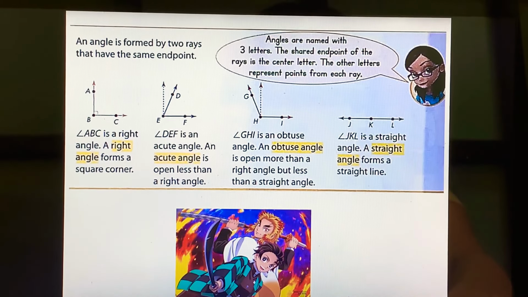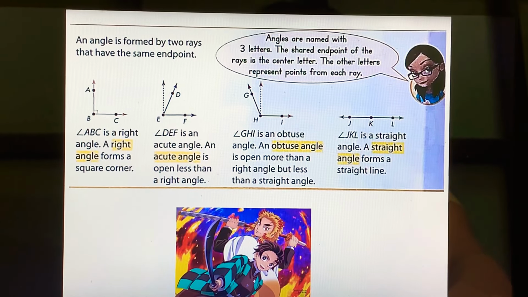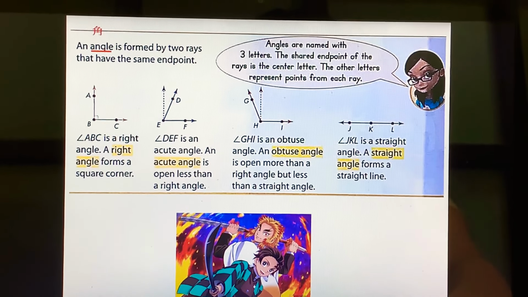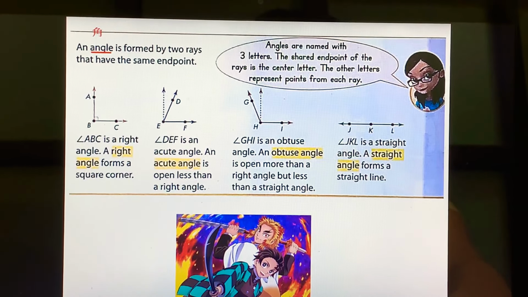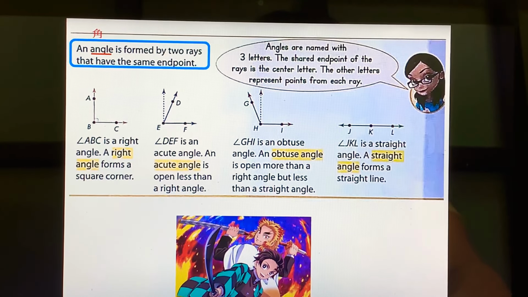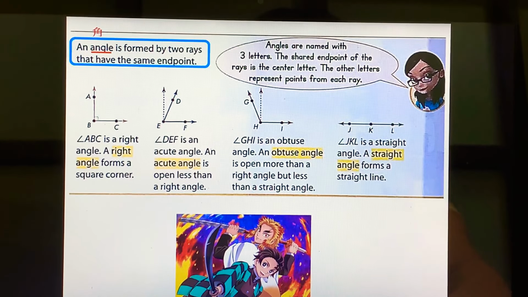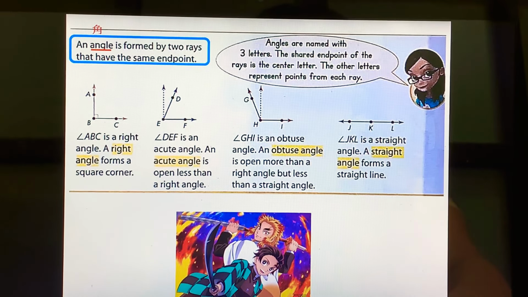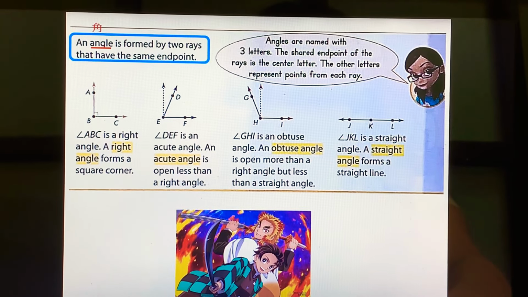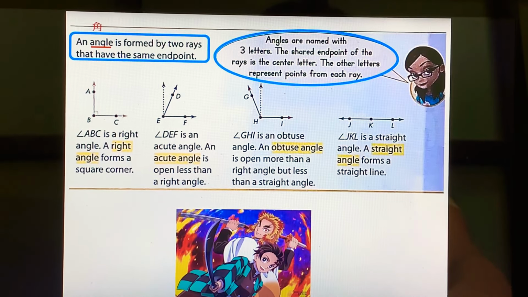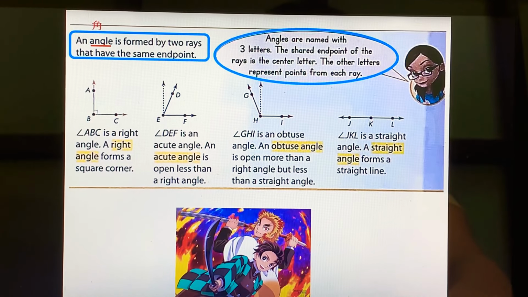Okay, let's move on to angles. An angle, 角度, angle. An angle is formed by two rays that have the same endpoint. 角要怎么形成呢？由两条射线共用一个端点所形成。Angles are named with three letters.